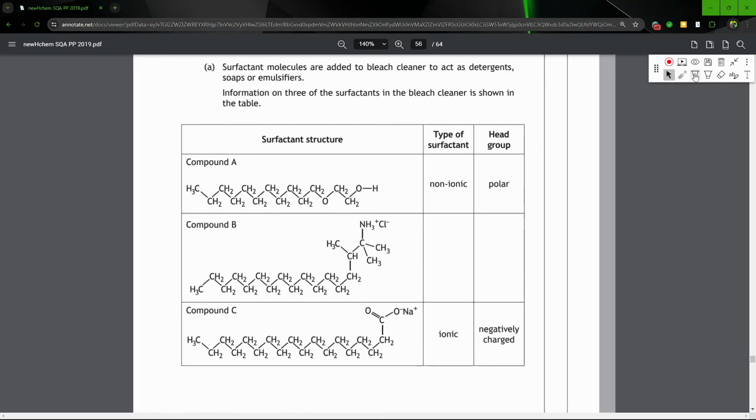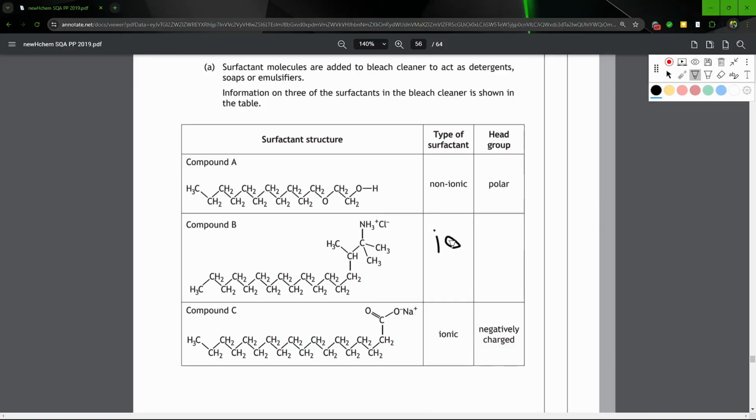So we've got type of surfactant and then head group. Is it going to be ionic or non-ionic? Okay, well, looking through here, I believe it will be ionic because it's got this chloride ion, I should say.